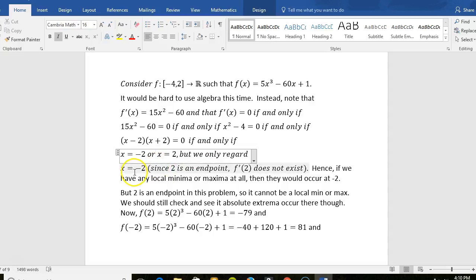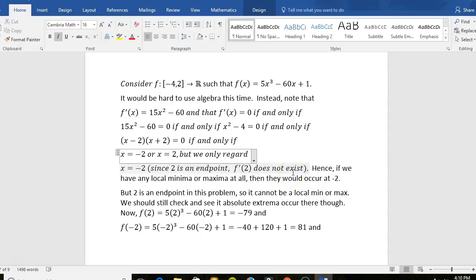But we only regard x equals negative 2, since 2 is an endpoint. Keep in mind, I'm looking for local, not absolute. It's fine for 2 to be an absolute, but it's not fine for 2 to be a local. f prime of 2 does not exist.